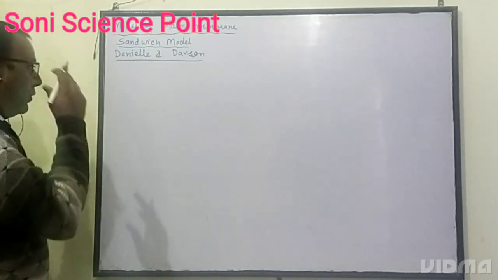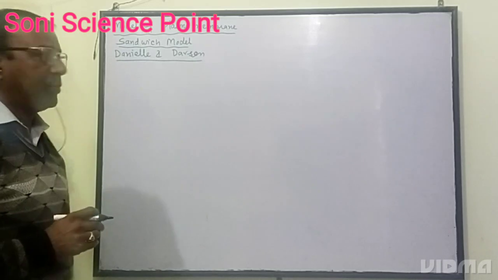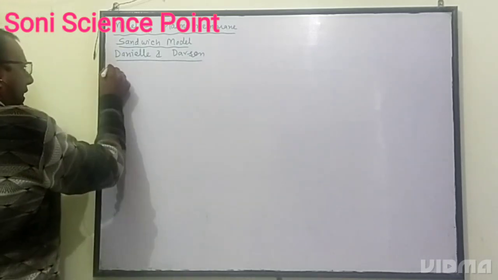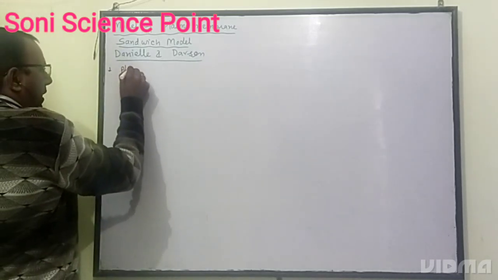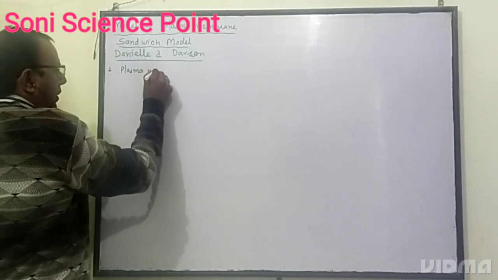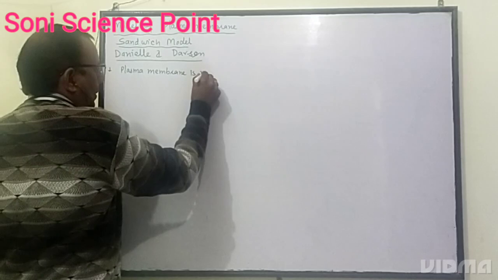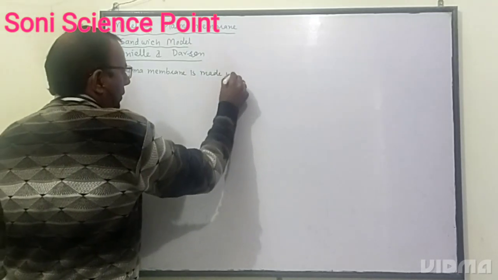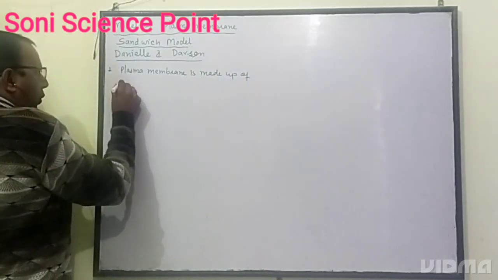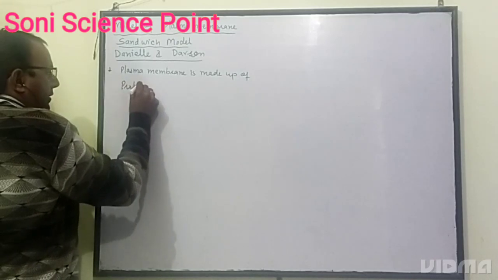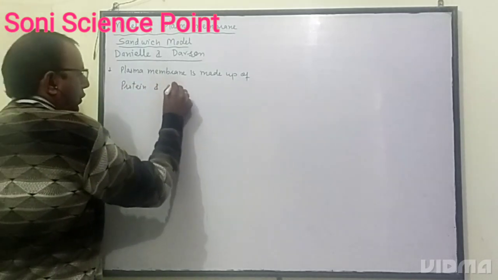What were the properties of the sandwich model proposed by Danielli and Davson? Firstly, the plasma membrane is made up of protein and phospholipid.